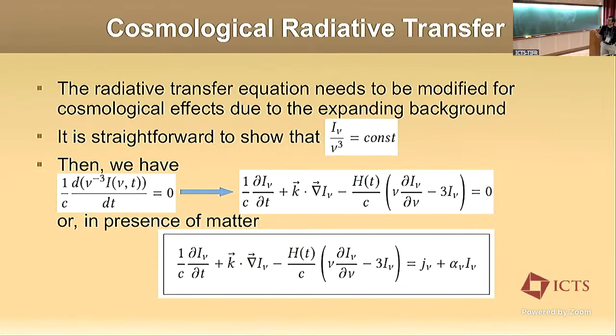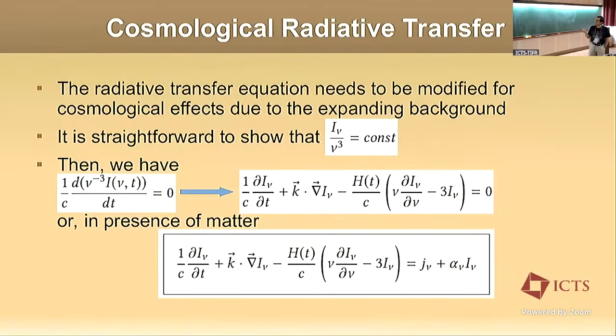Then you have the spatial gradient times the wave number. And then you have another term which comes from the fact that frequency now is not independent of time because of the expansion of the universe. There is redshifting. So there is this additional term which contains the Hubble constant and some combination of I and derivatives with respect to frequency.